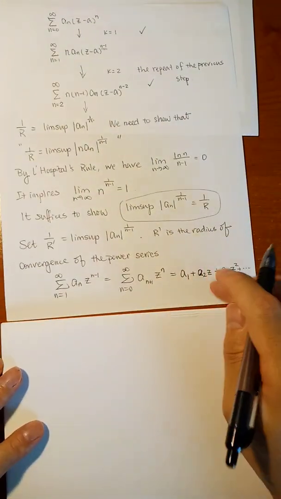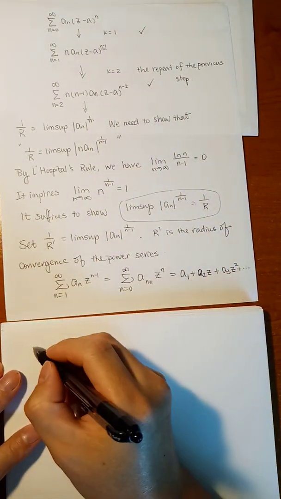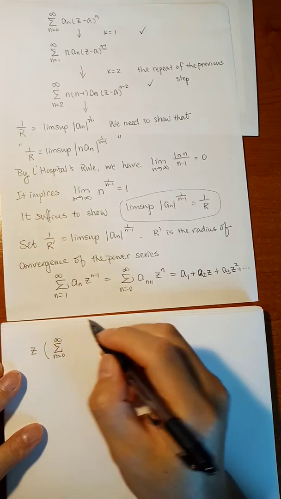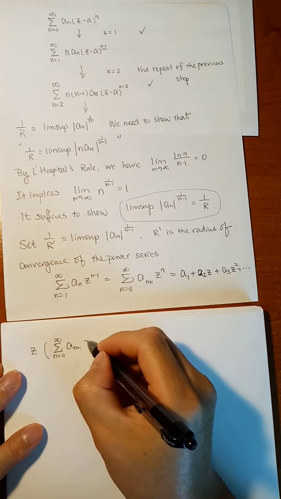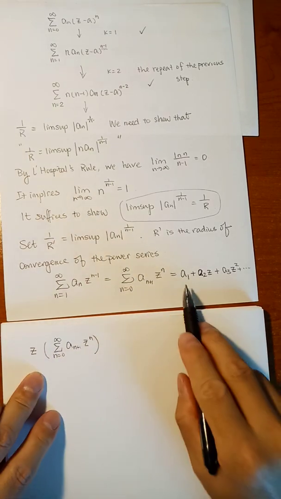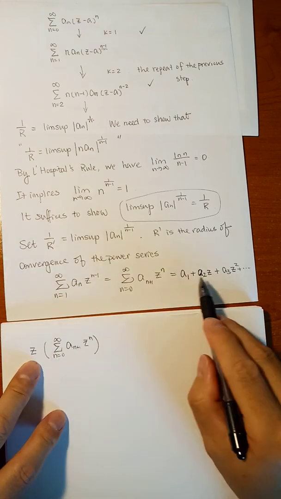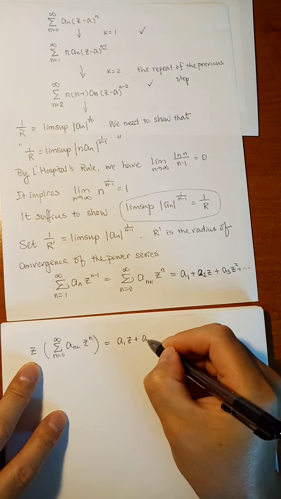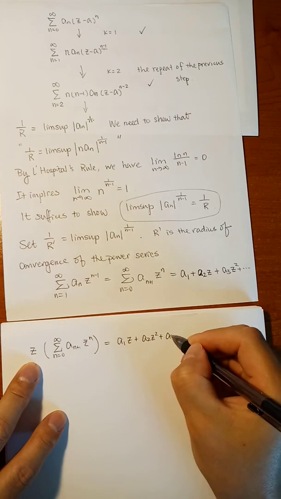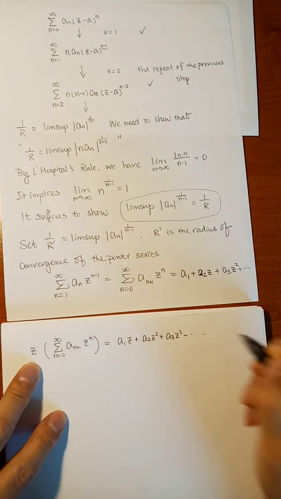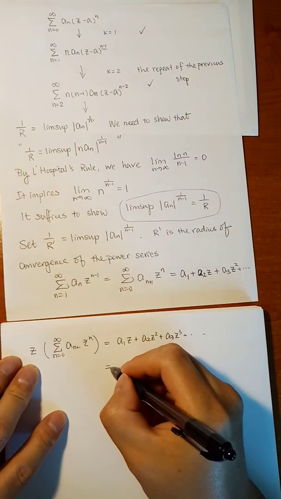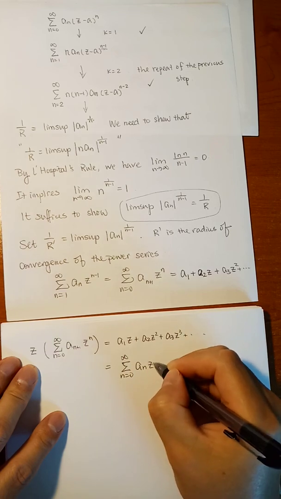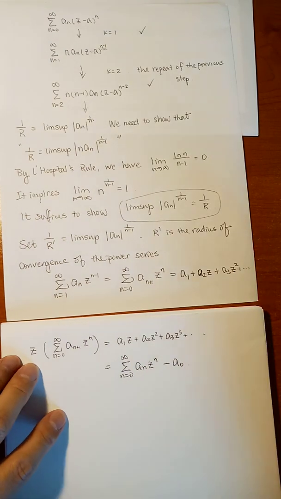And then, if we multiply this sequence by z, we will get a1 z, a2 z squared, a3 z cubed, and so on. So this is exactly the series sum from n equals 0 to infinity of a_n z^n, but without a0.